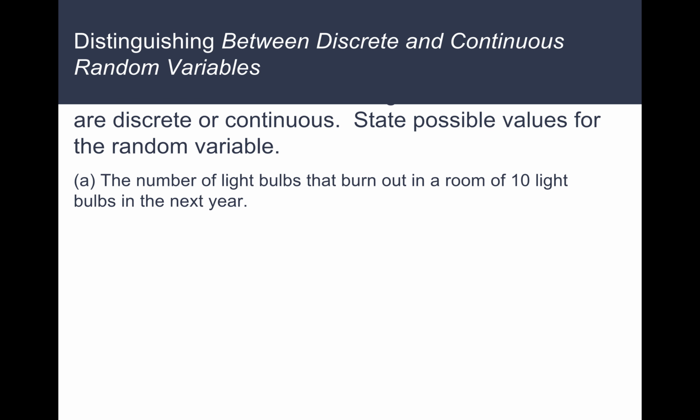The number of light bulbs that burn out in a room of 10 light bulbs in a year. Well, there's a finite number of values that it could be, anywhere from 0 to 10. Plus, it's also countable. So this makes this a discrete random variable. In our next example, the length of time between calls to 911.